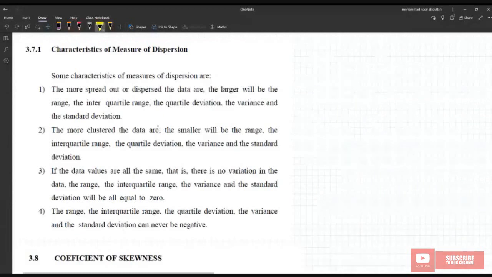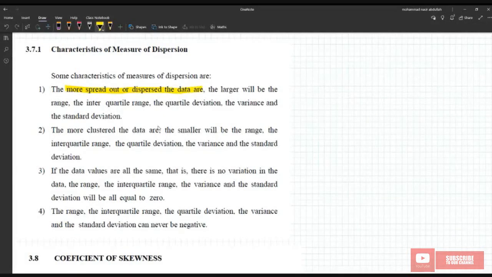Some characteristics of measure of dispersion are: the more spread out or dispersed the data are, the range will be larger, the interquartile range will be larger, the quartile deviation also larger, variance and standard deviation also larger, right? So the more clustered the data are, means the more consistent, maksudnya data tu tak disperse.